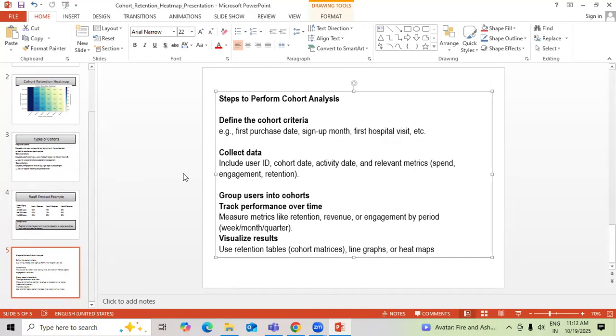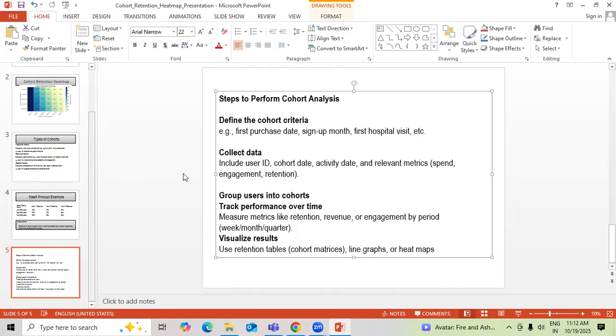Next, collecting data, which includes the user ID, cohort date, activity data, or other relevant metrics, for retention, spending capacity, or customer engagement. Whatever data is required will be collected and taken into account.